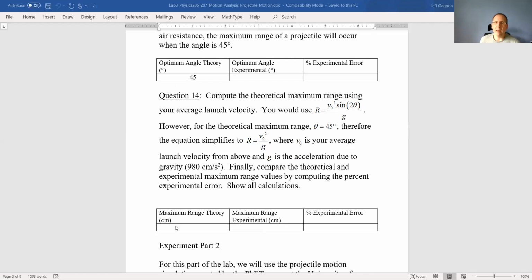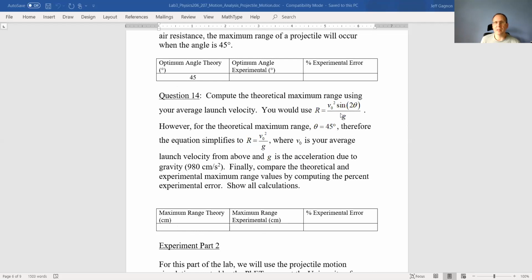And then the other way that we can get the maximum range is theoretically. How do we do that? We can compute it using this equation: R equals V naught squared times sine of 2 theta over g. But remember, theta is 45 degrees, because the optimal angle in theory is 45. And when you do sine of 2 times 45, sine of 90, that's just equal to 1.